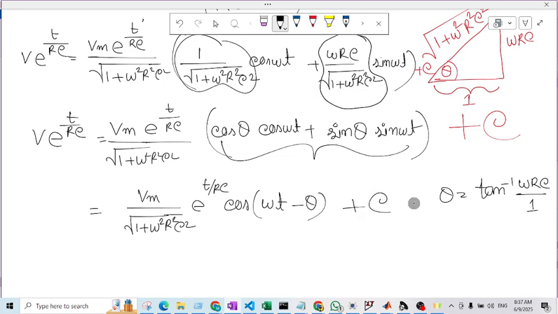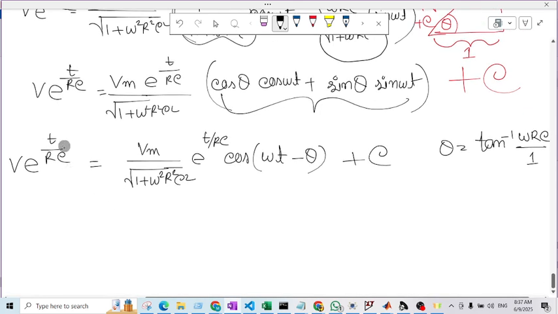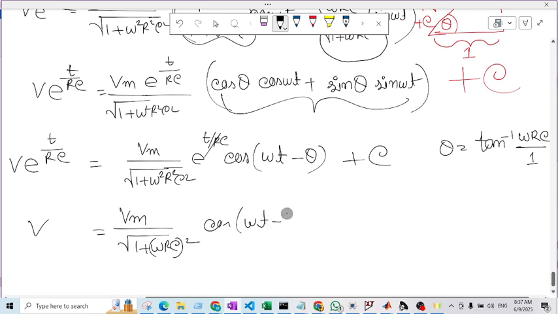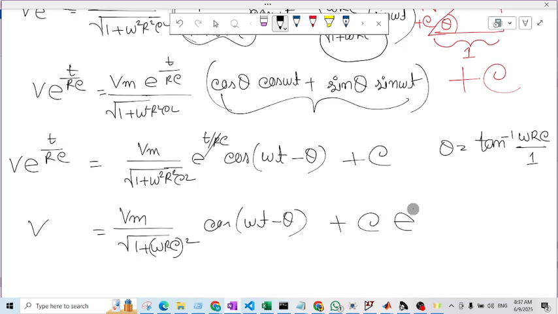Here we have a constant c, and then v e to the power t by RC. Now if I divide this equation by e to the power t by RC, then this t by RC will cancel out, then cos omega t, since we are dividing by e to the power t by RC.